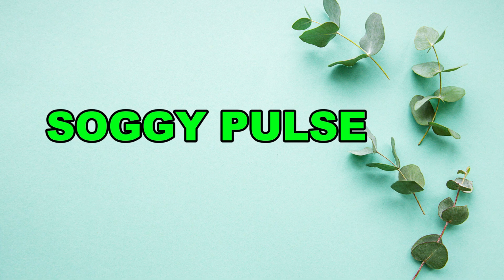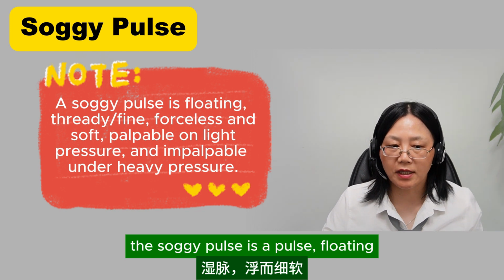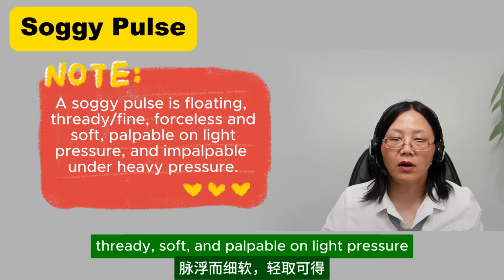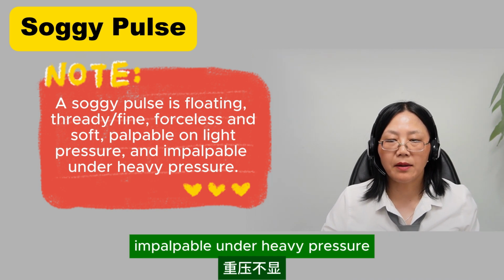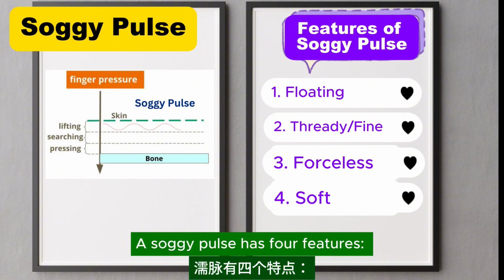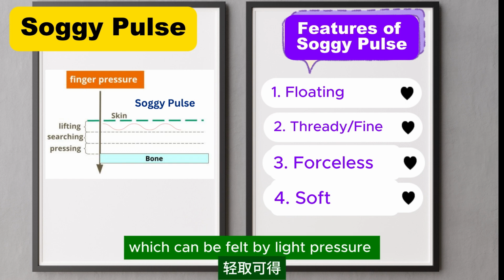Soggy Pulse. The soggy pulse is a pulse floating, thready, soft and palpable on light pressure, impalpable on heavy pressure. A soggy pulse has 4 features. 1. It is floating in terms of pulse depth, which can be felt by light pressure.